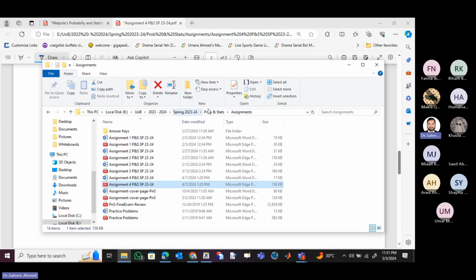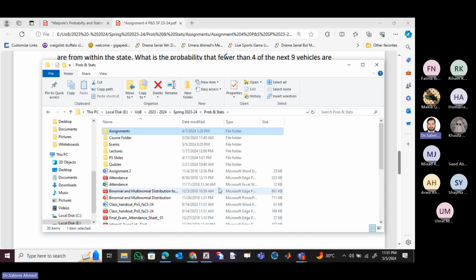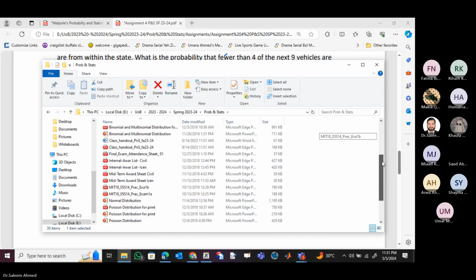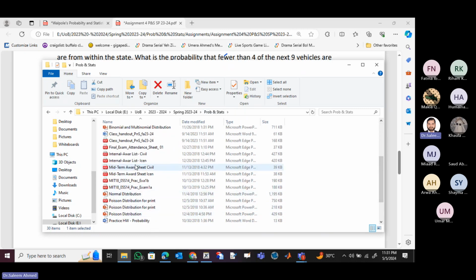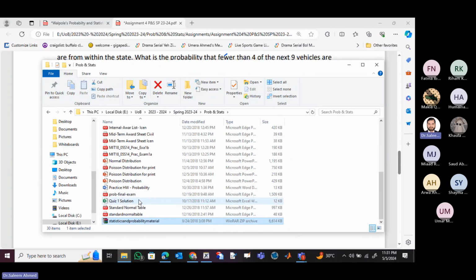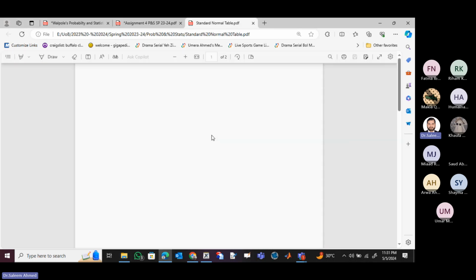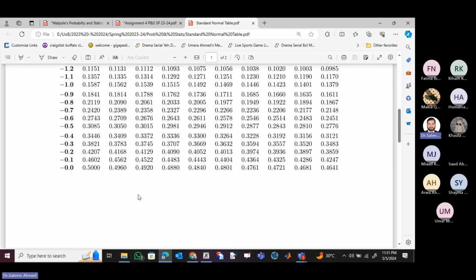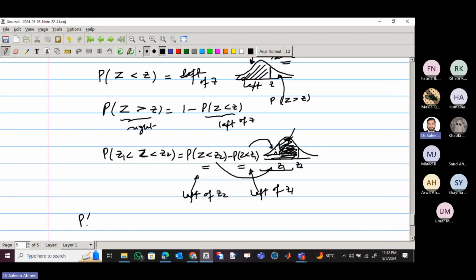So there will be a standard normal table here. This table will be given to you, so you have to find the probability on the left, that is, the probability of Z less than minus 1.39.